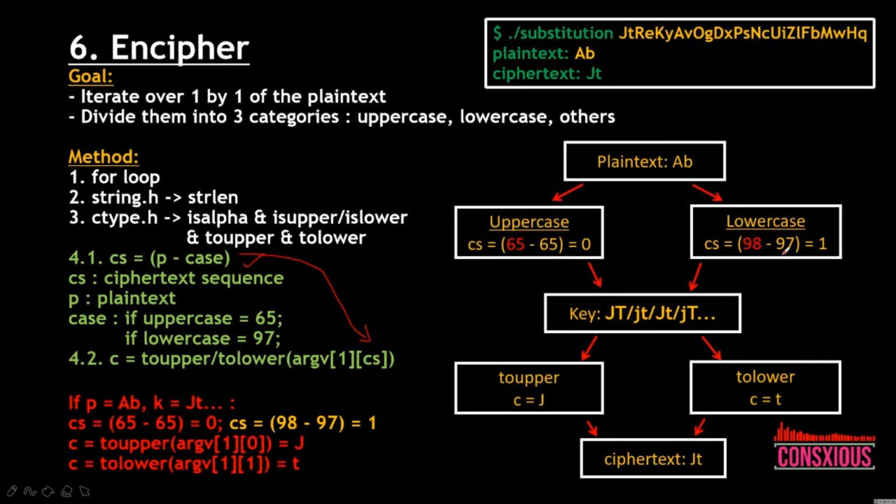Once we get the sequence here, no matter whether the key consists of uppercase or lowercase, we just want to get the characters. We also convert them back according to the plaintext case. So it's J and T, and we combine them together into JT. This is the exact process of how it works.